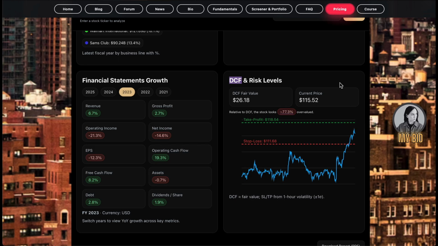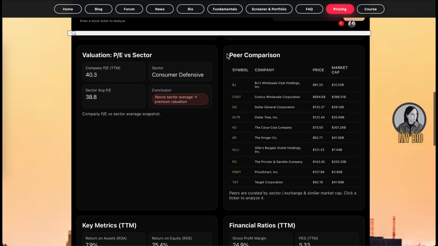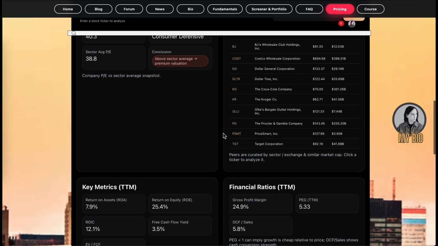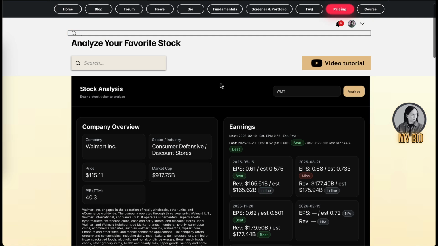So now let's go to this peer comparison table. This is a very important table. You can use it to find the best peer among Walmart's competitors. To pick the best peer, we can pay attention to the market cap. As you can see, Costco is also a large company.